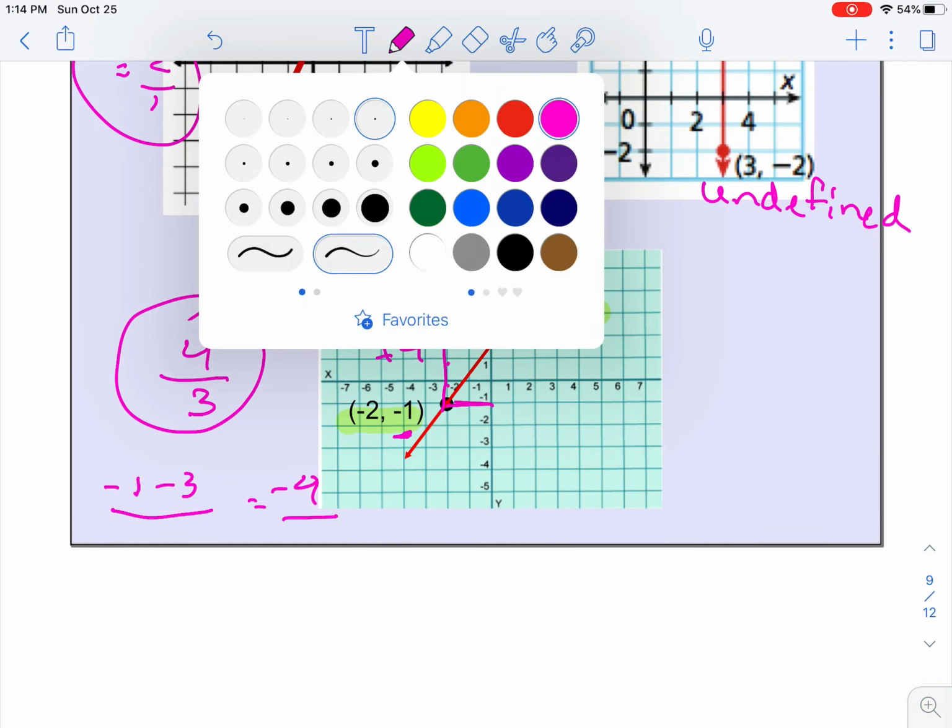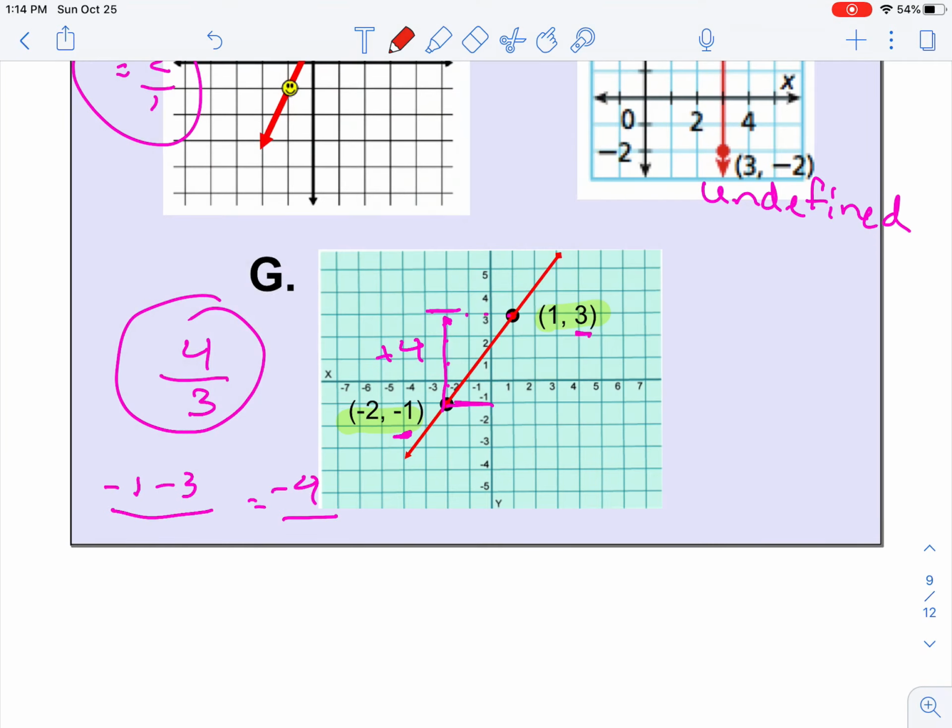Now when you look at the x values, you are going from this point on your x-axis right here over to this point on your x-axis, and so you are going from -2 over to 1. So -2 minus 1 is -3, and that slope is the same as 4/3.